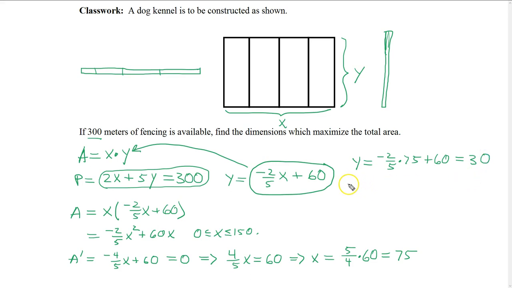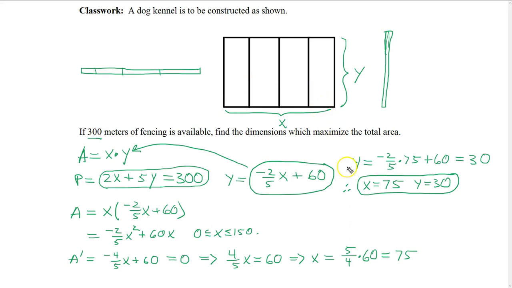And so therefore, we found that x should be 75 and y should be 30. So those are the dimensions that we should build this enclosure using 300 meters of fencing in order to maximize the internal area.